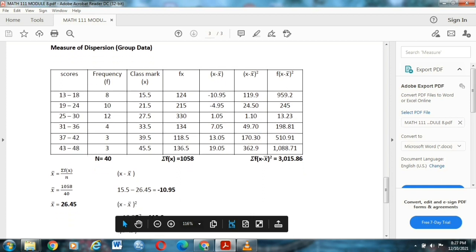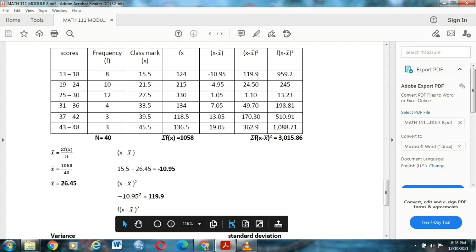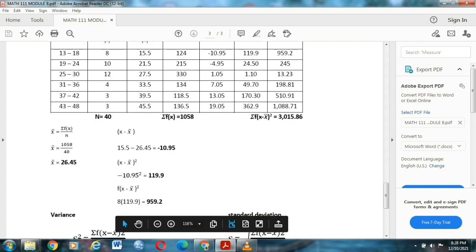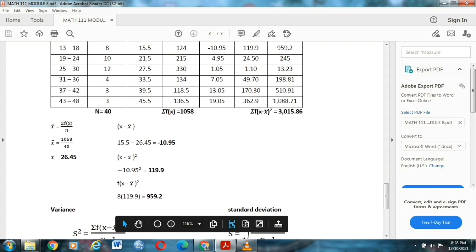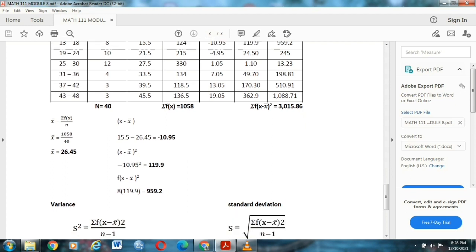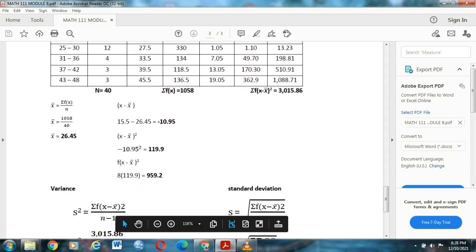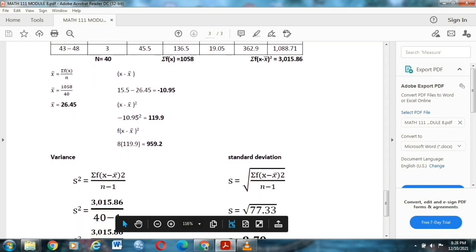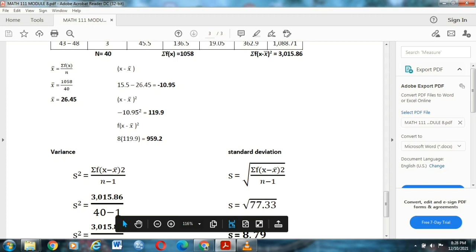Okay? Since nakuha na natin lahat, pwede na natin i-substitute doon sa value ng variance natin. Since nakuha natin yung summation ng f of x minus x bar squared, 3,015.86.